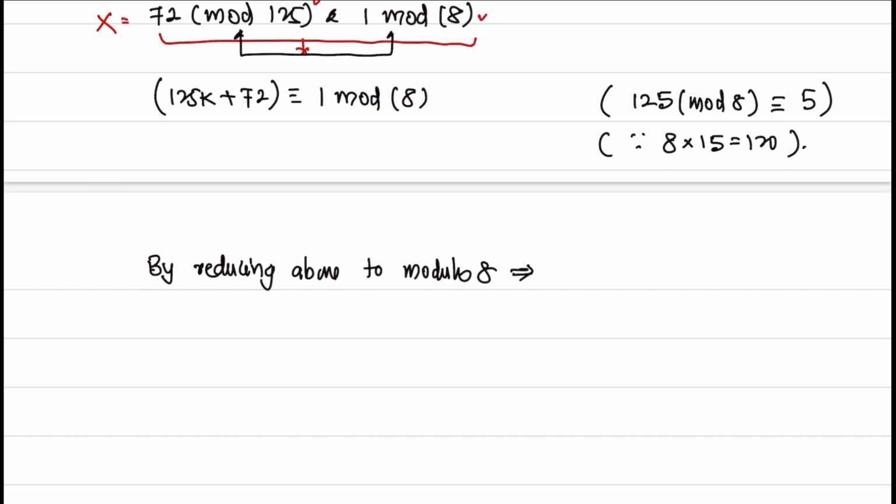The remainder, for 125 mod 8, is equal to 5. That implies 125 is equivalent to 5 mod 8.